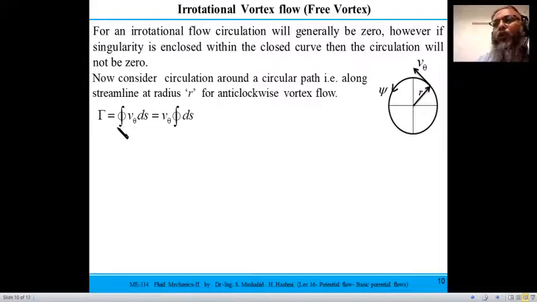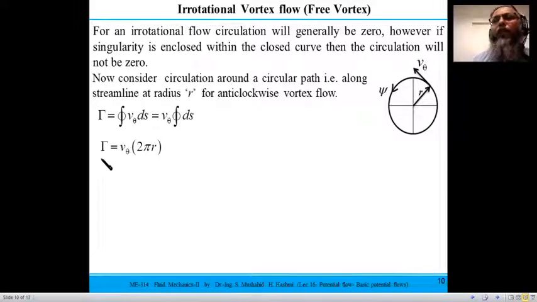As you know, the magnitude of the velocity at a given radius r remains the same. So for this streamline, this closed path is just the circumference. If you evaluate this integral, you are going to get the circumference of the circle, because you have differential lengths, and if you take the sum of all these differential lengths, you get the circumference of a circle.